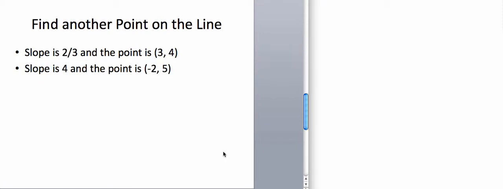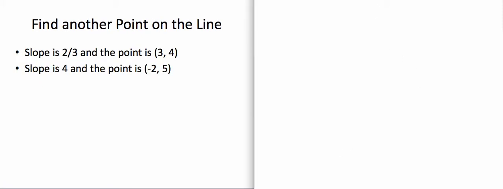Now you'll also be asked to find another point on the line. They'll say, okay, here's your slope of 2/3, and the point that you're given is 3, 4. So find another point.